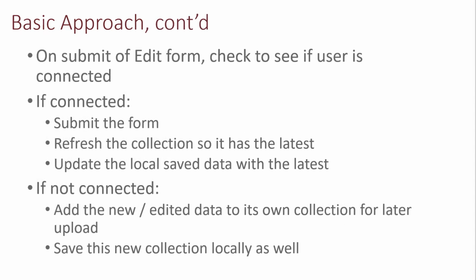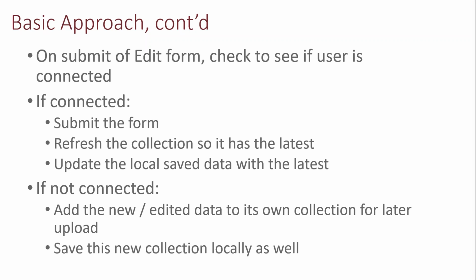On submit of the edit form, I'm using an edit form in this demo, we're going to check to see if the user is connected. If they're connected, we're going to submit the form, refresh the collection so it has the latest, and we're going to update the local save data with the latest, okay? All of this is because now we're connected, we've submitted, there's new items, so now we need to update the collection that I'm using and my local save data with the new items.